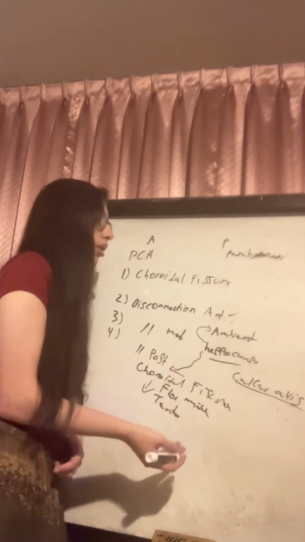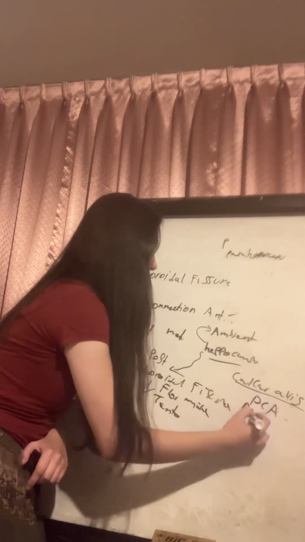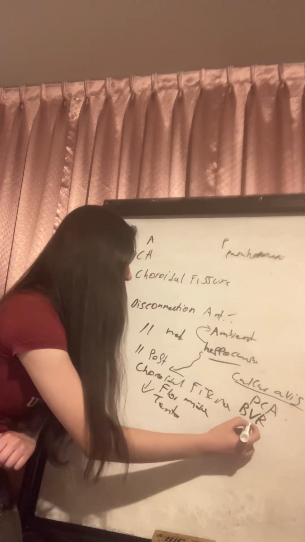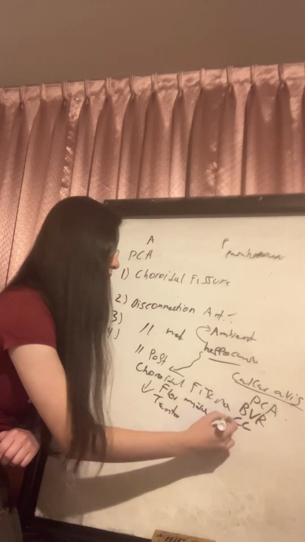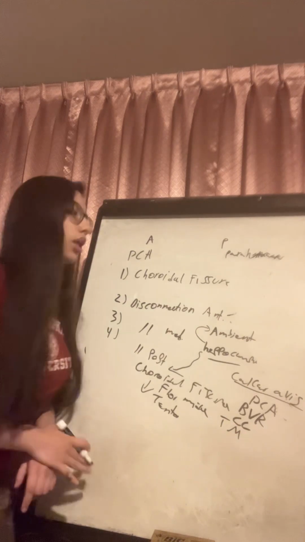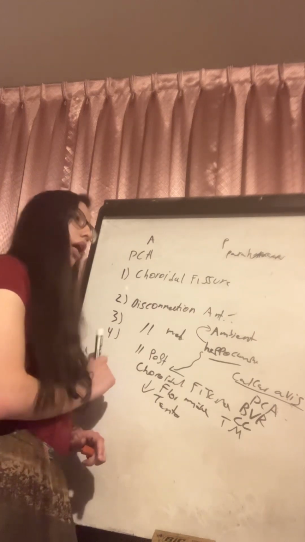This content includes the posterior cerebral artery, the basal vein of Rosenthal, crus cerebri, the tegmentum of the mesencephalon, and sometimes the trochlear nerve and the superior cerebellar artery.